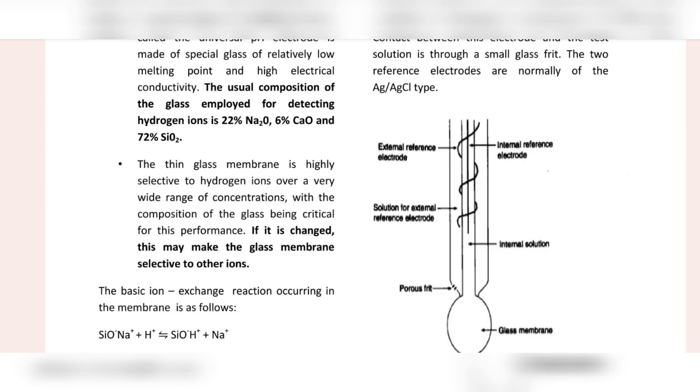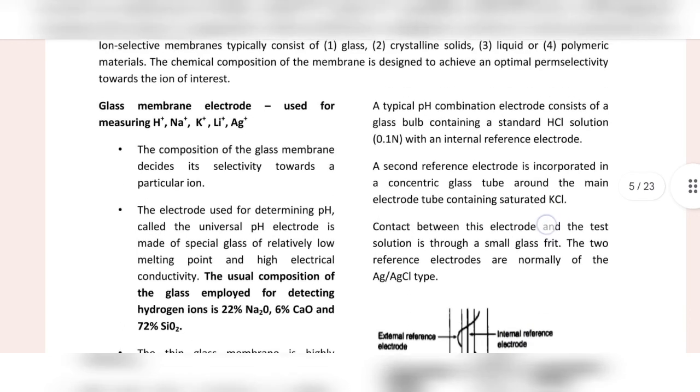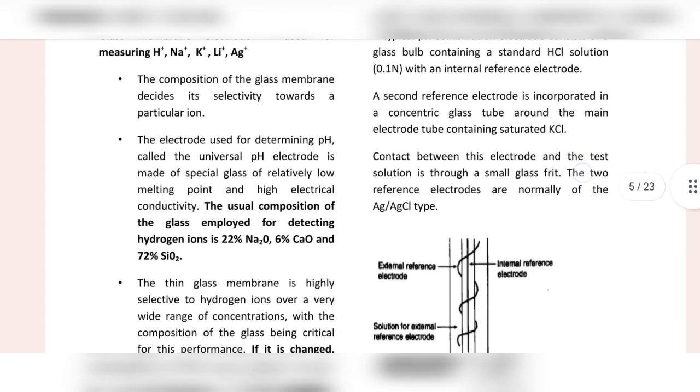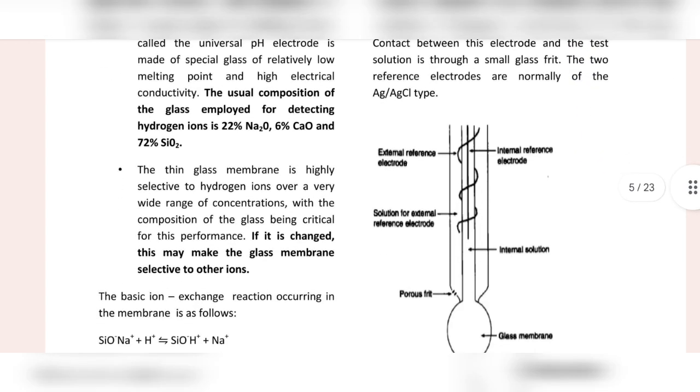There is also an internal reference electrode. So here there is a glass bulb and an internal glass tube, inside which there is an internal reference electrode and also internal solution.